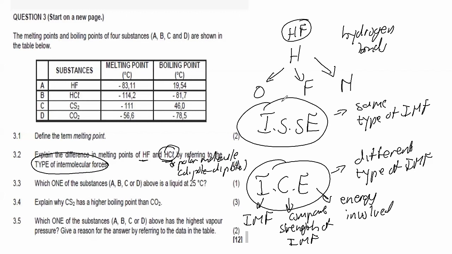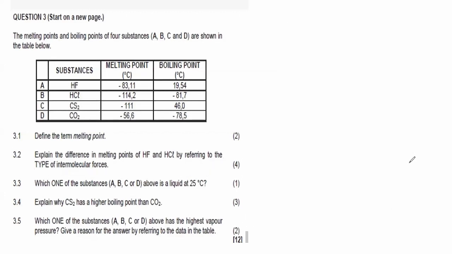Which is different from this one. Now, you can check out the previous video that I posted for you to understand this format here. But then for you to understand the ICE method, this is what we're going to use to answer 3.2. So, okay, having to apply that, this is how we're going to go about answering this one.